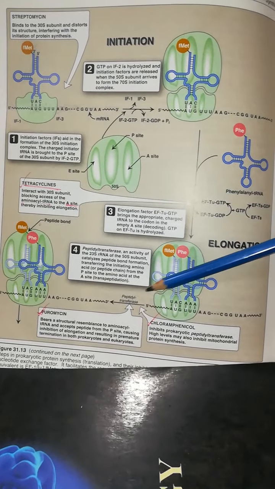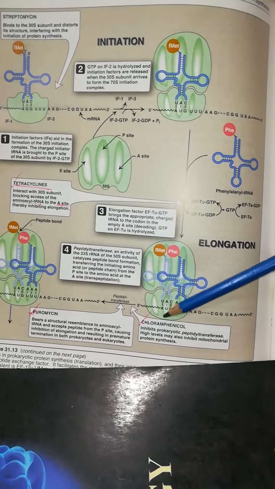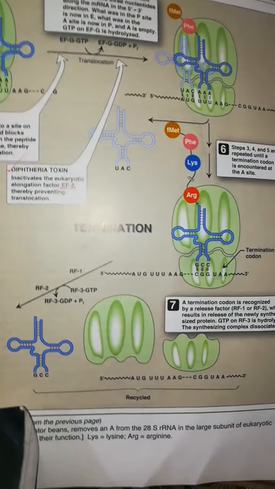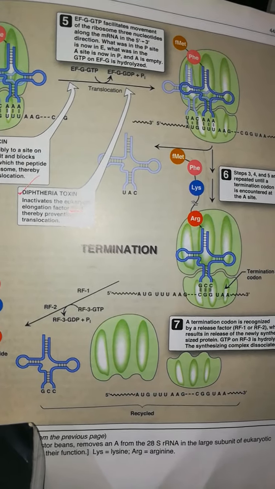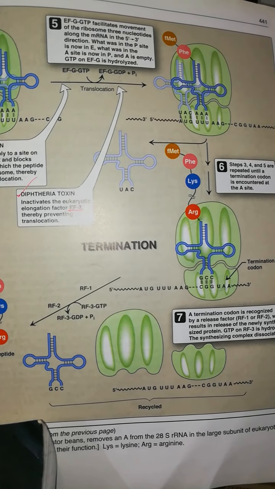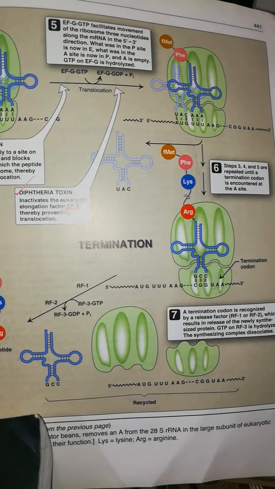So at the initiating step there was AUG, and step by step it moves forward until the stop codon comes. So translation is completed. Thank you.